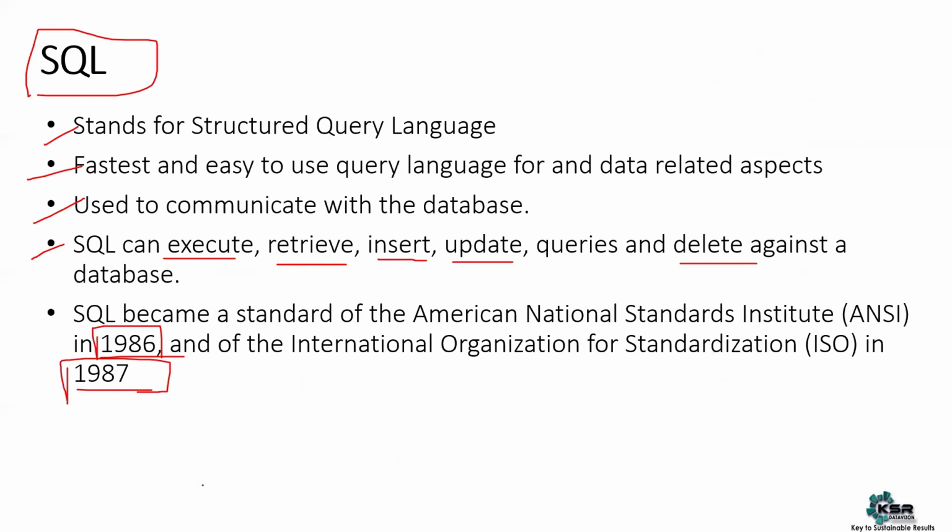Standardized means they made sure that this language is the standard way to interact with the database and has all the features. Let's assume you are trying to purchase a product in India. You will see a mark called the ISI mark.